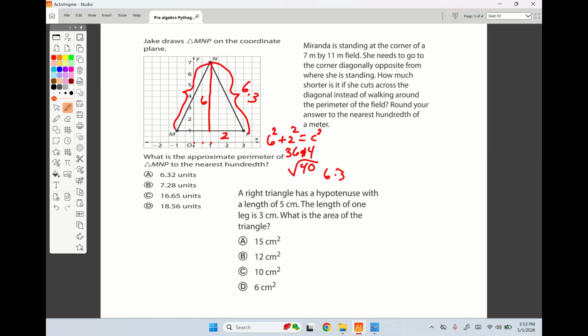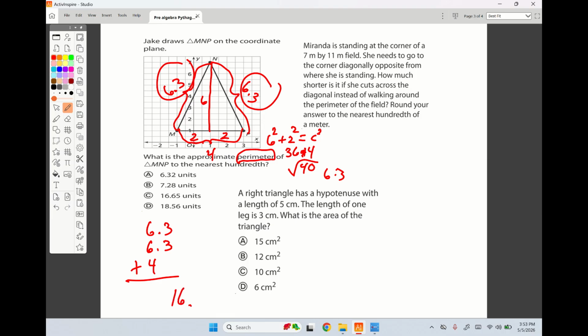Alright, let me clear that. Let's do one of these questions where they give you directions and stuff. So here Miranda is standing at the corner of a 7 meter by 11 meter field. So 7 by 11. She needs to go to the corner diagonally opposite from where she's standing.